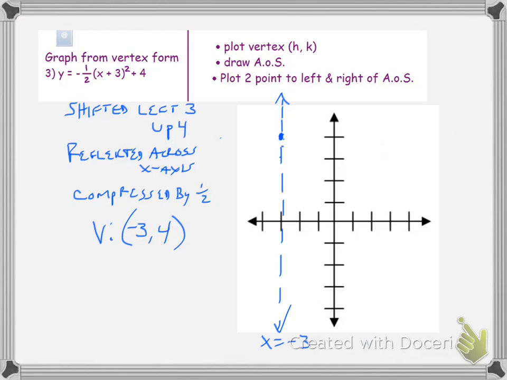So I have my axis of symmetry, x equals negative 3. So in this one, it's easier than the standard form because you don't have to do any work to find your vertex. But I do need to do some work to find the other parts to it.